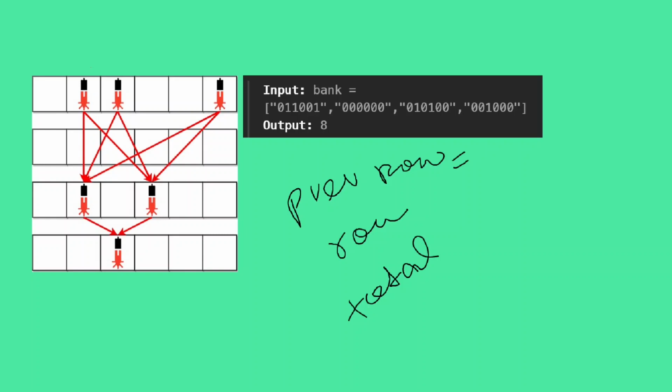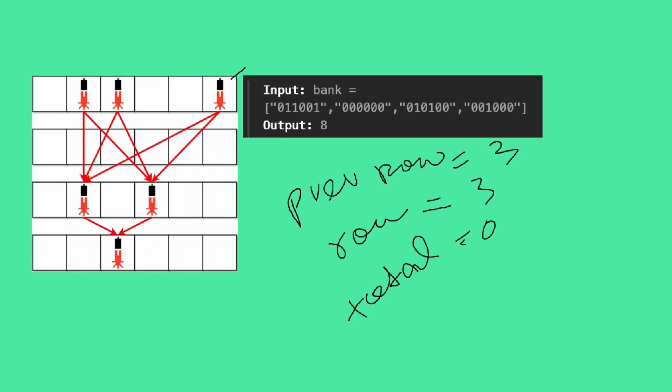For example, here previous row will be 3 initially, and row will also be 3 for the first row. Basically, row and previous row are counting the number of ones in that string, because 1 represents a device, right? So the number of ones means the number of devices on that row. So previous row equals 3, row equals 3, total is 0.